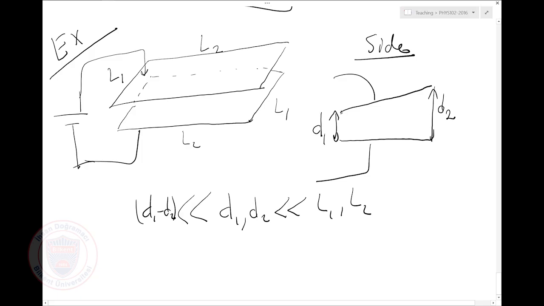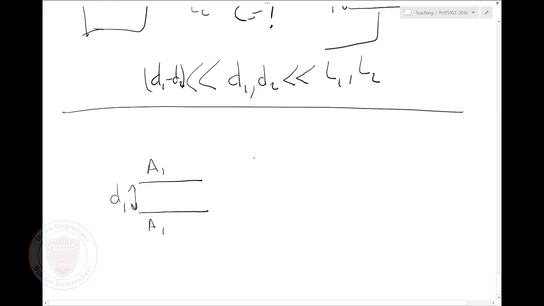Now, how am I going to solve this? And here's my idea. I'm asking what's the capacitance of this object. How would you solve the following problem? If I had one capacitor of area A1 and distance D1, another capacitor of area A2 and distance D2.